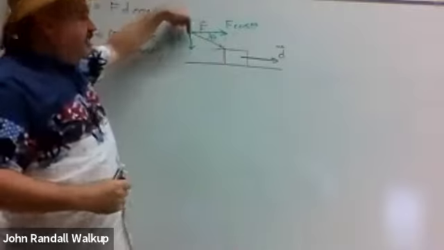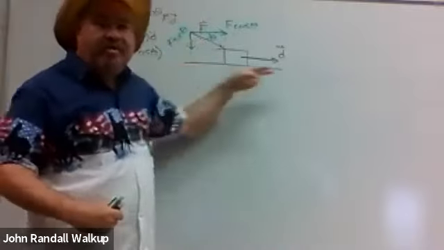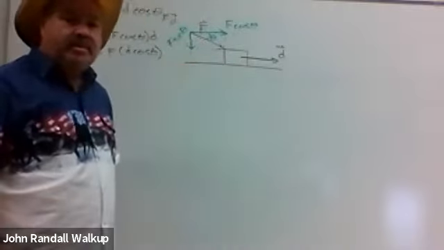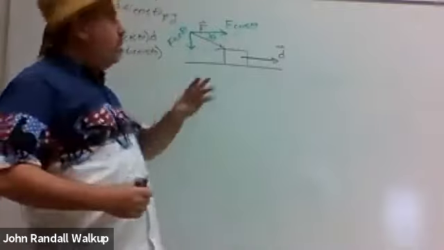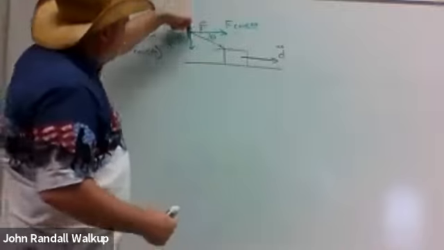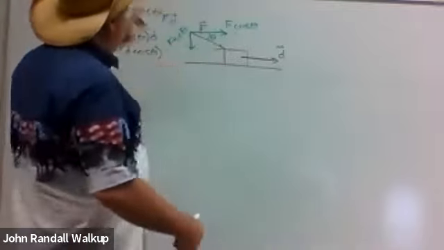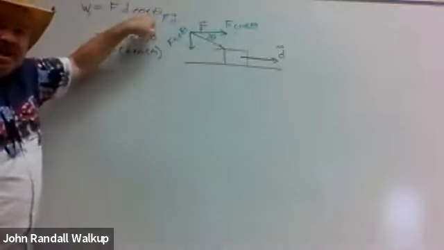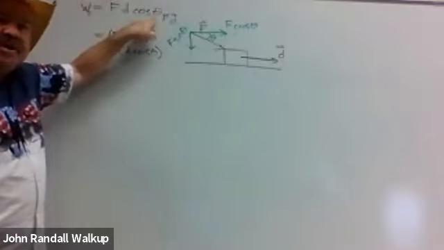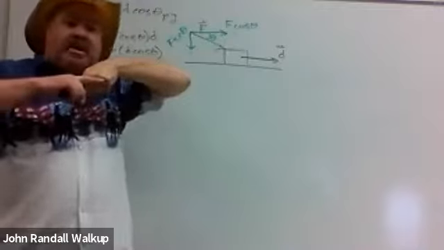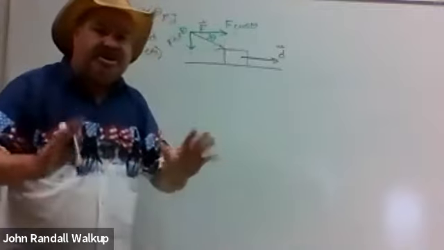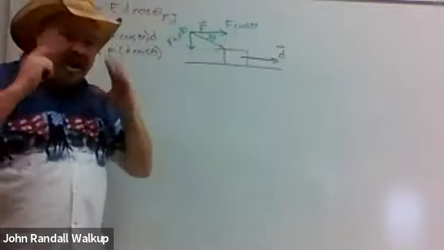Now this force is pushing down perpendicular to the displacement, and therefore it does not do any work on the body. Why? The angle between this F sine theta and the displacement is 90 degrees, and the cosine of 90 is 0. Do not forget that. A force that is applied perpendicular to the displacement doesn't do any work. Burn that into your brain.